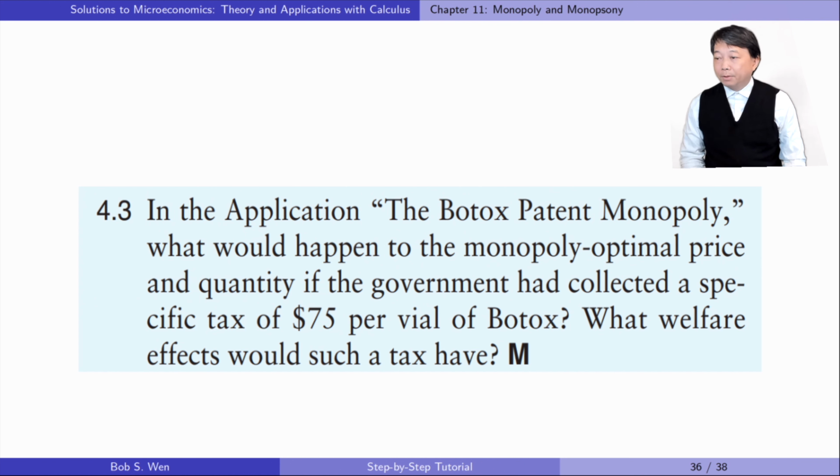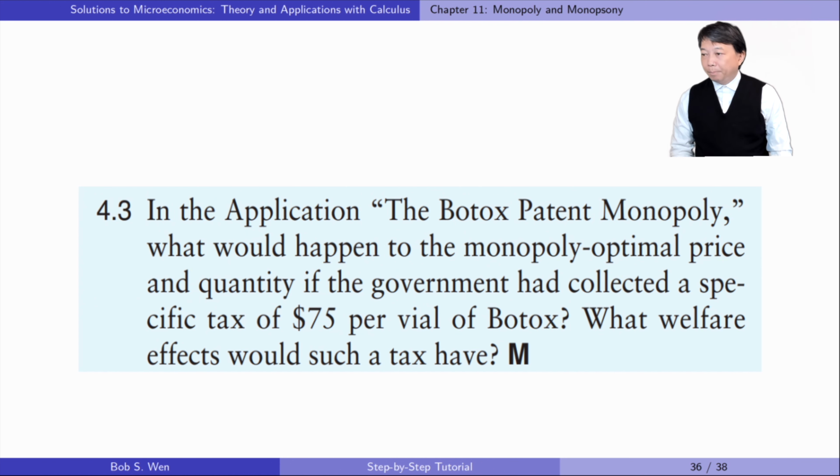Let's solve exercise 4.3. In the application, the Botox patent monopoly, what would happen to the monopoly optimal price and quantity if the government had collected a specific tax of $75 per vial of Botox? What welfare effects would such a tax have?